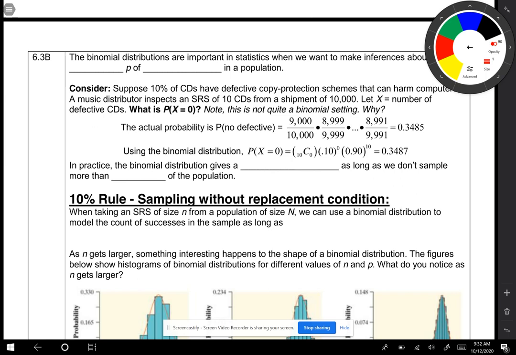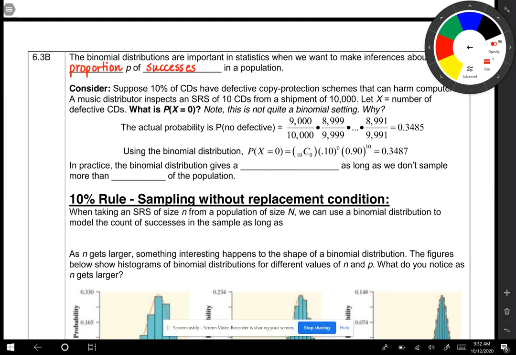Actually, that's not yet. Instead of normal approximation. So that's not yet though. So the binomial distributions are important statistics when we want to make inferences about the proportion P of successes in a population. We always want to go back and see if we can infer to our population. That's a goal of statistics.